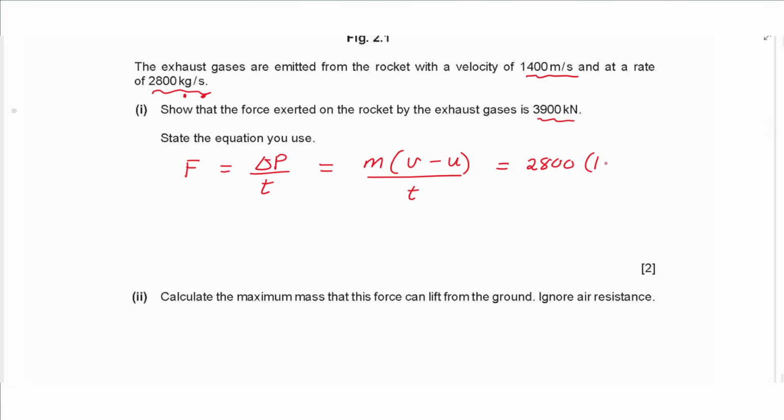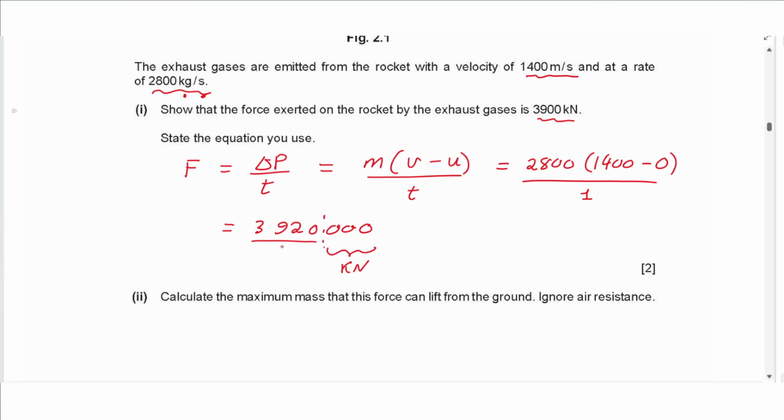The final velocity of the gases is 1400 meters per second. And the initial velocity is 0. And the time is 1. This gives an exact value of 3,920,000. So the last three zeros, that's the kilo Newton. And we have here 3,920, which is approximately 3,900 kilonewtons.